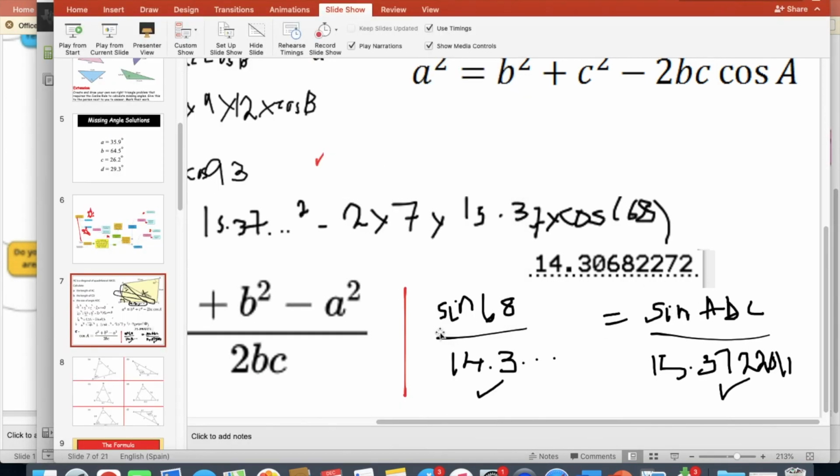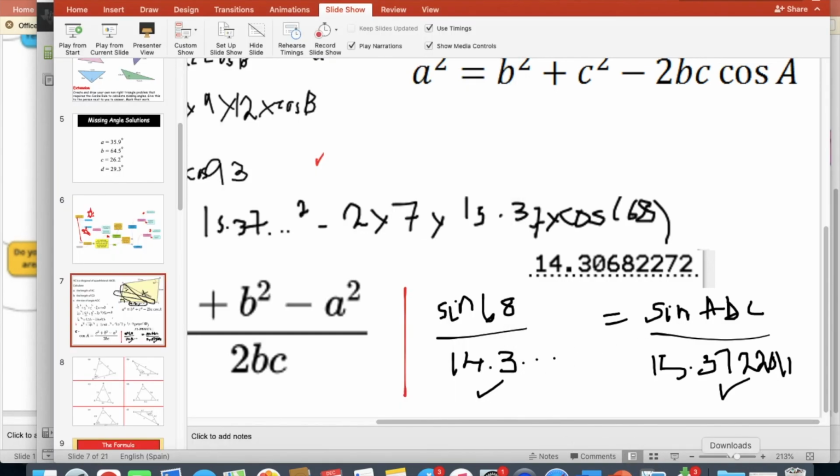15.37222011. And remember, it doesn't matter which order we put these in, whether we do 15.37 times sine 68 divided by 14.3, or if you do sine 68 divided by 14.3 times by 15.37. Basically, because we're timesing and dividing, these are commutative, which means you can switch them round. 6 times 3 divided by 2 is the same as 3 divided by 2 times 6.